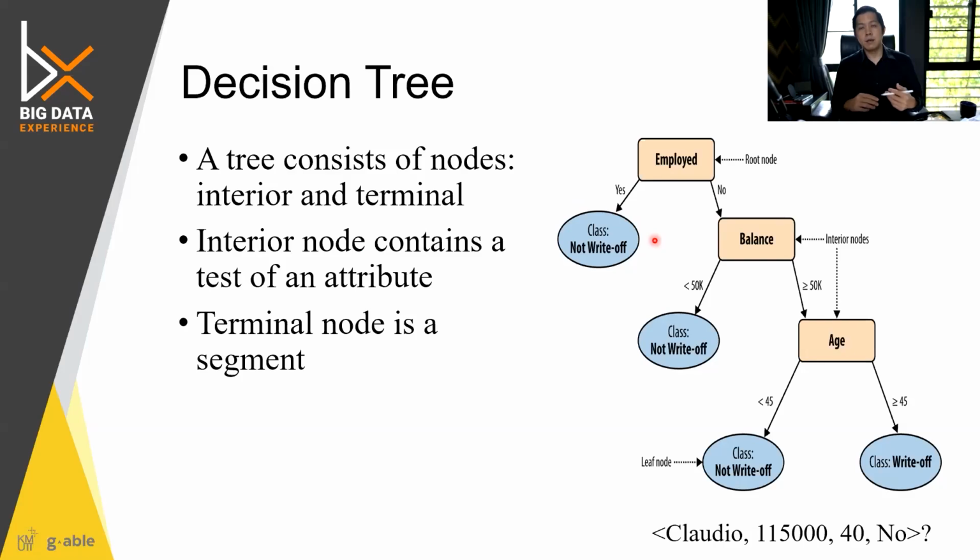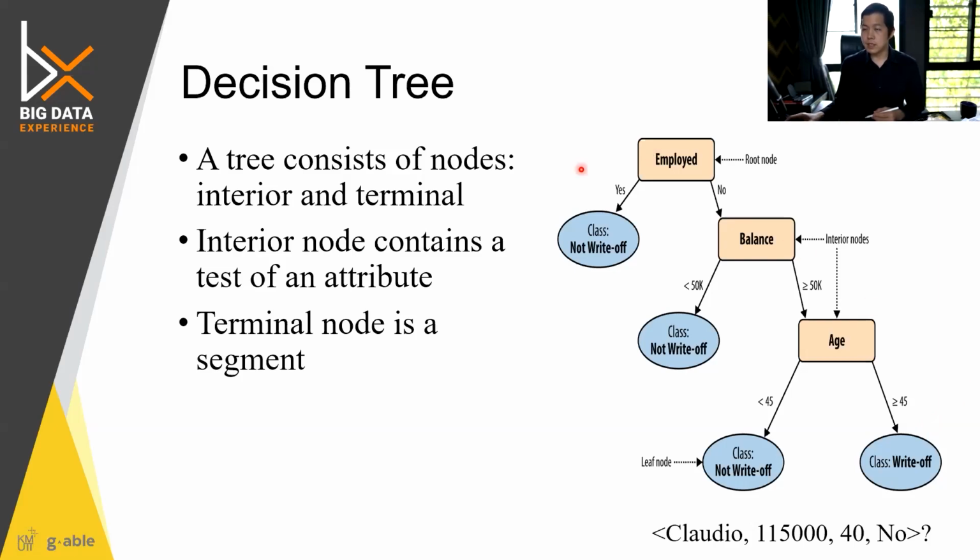Terminal nodes would contain segments, individual data points, and the interior nodes would contain attributes that you want to test, you want to use them to divide into classes. Okay, and this is a decision tree.